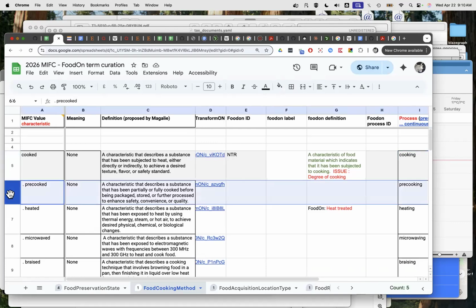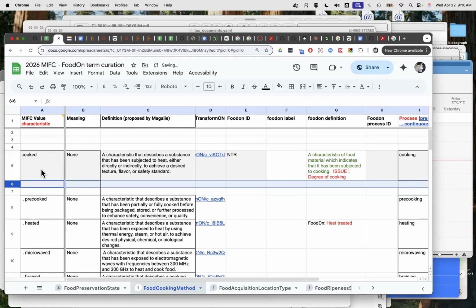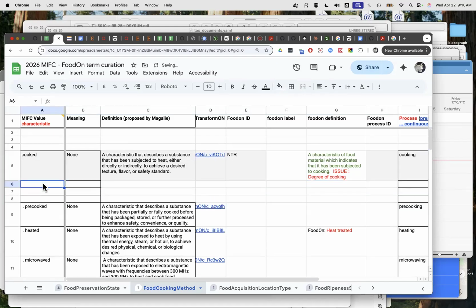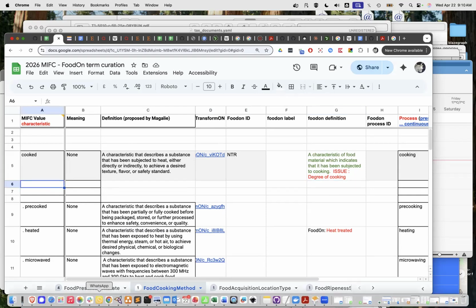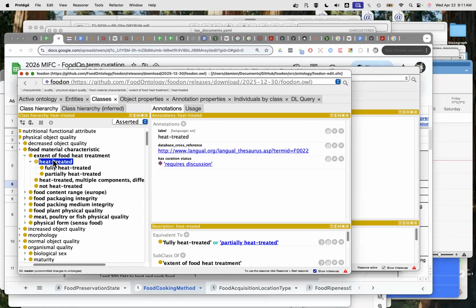Yeah, let's say cooked is heat subjected to eat, and then you can add different degrees of cooking. That's right. So I'm guessing, and of course, Kai, you don't have to buy into this, but there's this extent of food heat treatment, and fully and partially heat treated.